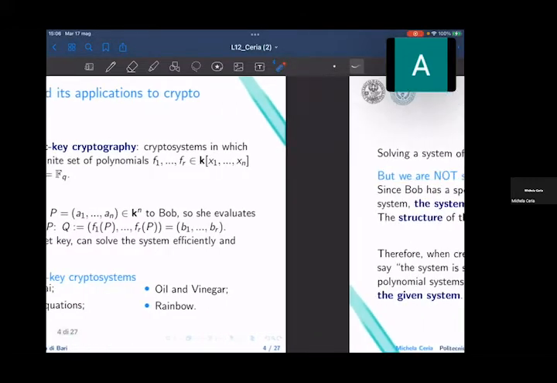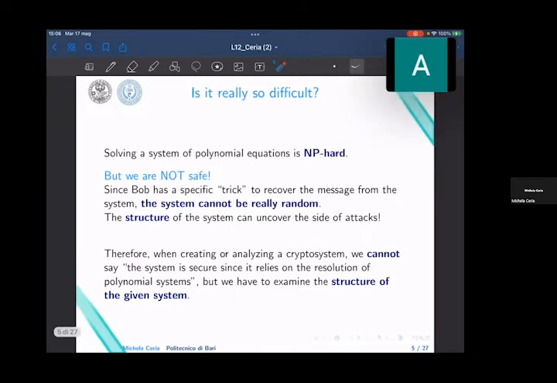Here you can see a list of some of the multivariate public key cryptosystems that you may want to study in more depth. If you want to solve a system of polynomials that is multivariate, nonlinear, random, this is NP-hard. But we are not safe by saying that a system is secure since it relies on the resolution of a polynomial system, because in cryptography, Bob has a specific trick in order to recover the message from the system.